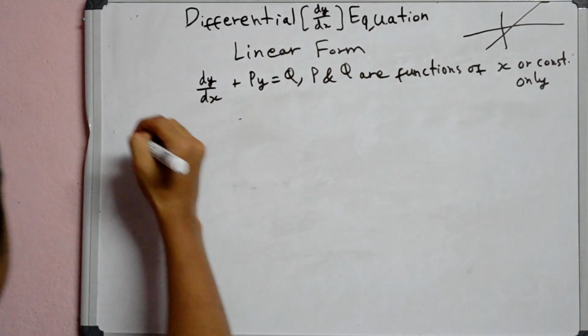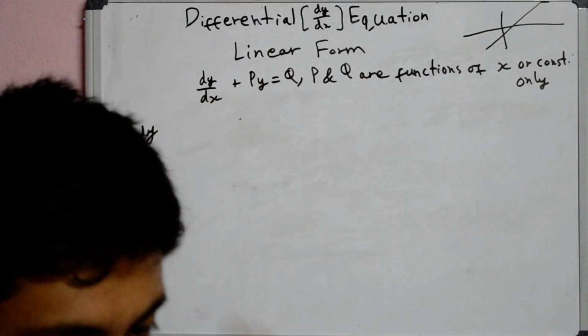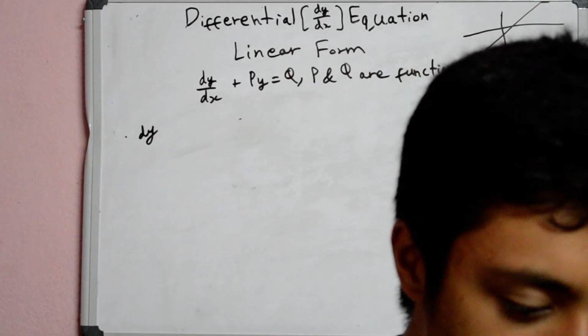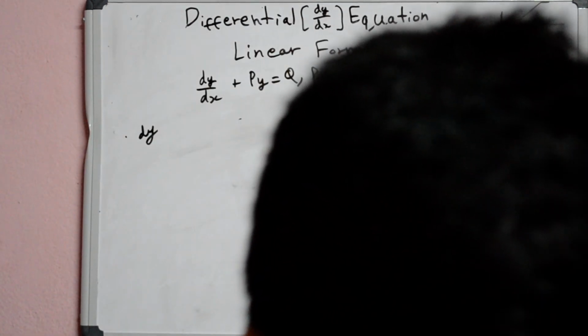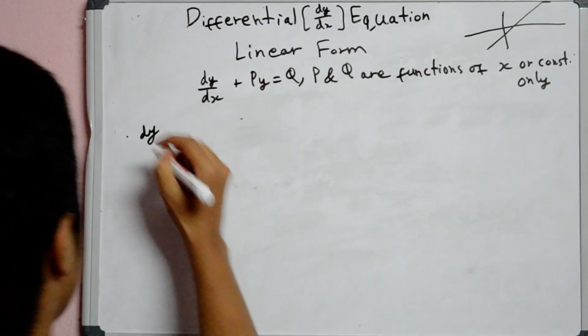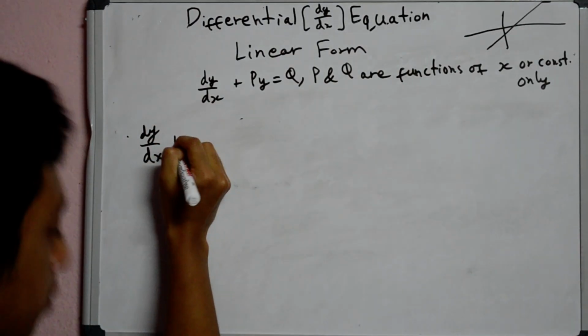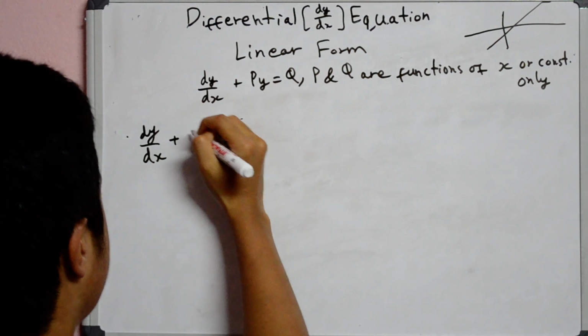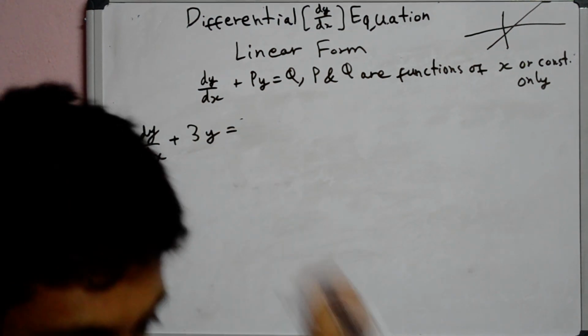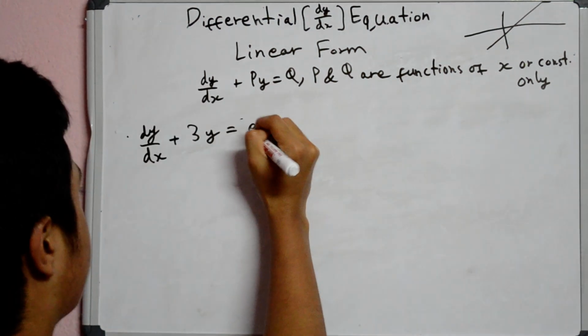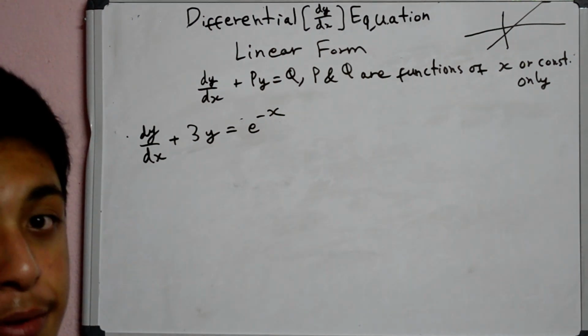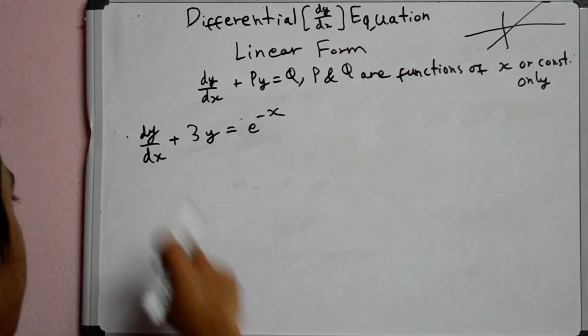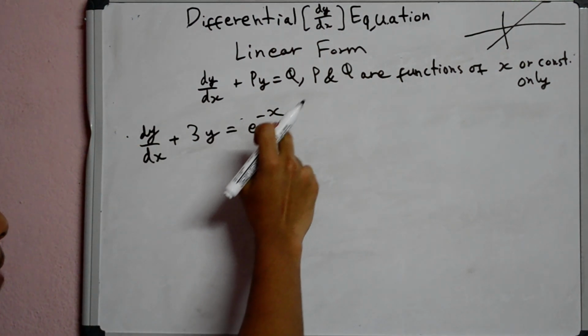Let's try the first question of exercise 15.5, basic mathematics. So here, this is a linear form because of dy by dx plus 3y equals e to the power minus x.